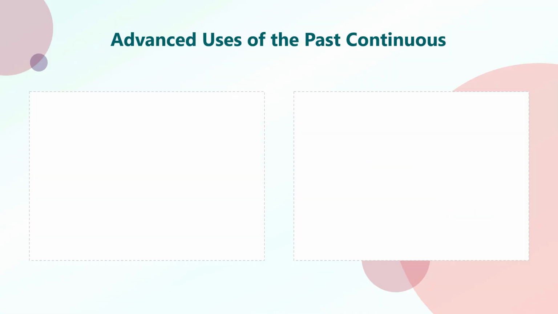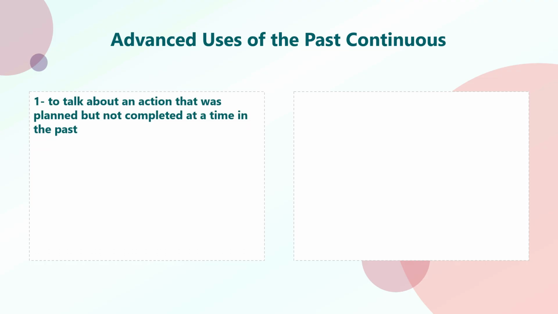Let me explain what these advanced uses are. One way we can use the past continuous is to talk about an action that was planned but not completed at a time in the past. For example, I was planning to visit Jonathan. At that moment in the past, you were thinking about it, you were planning it, but you didn't have time.